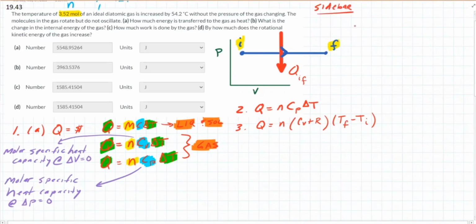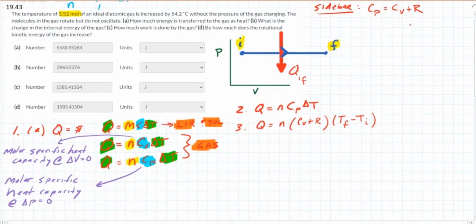There is a relationship between CV and CP. It turns out CP does in fact equal CV plus R. And if you think I'm pulling this out of thin air, well, I guess I am, but there is the derivation.